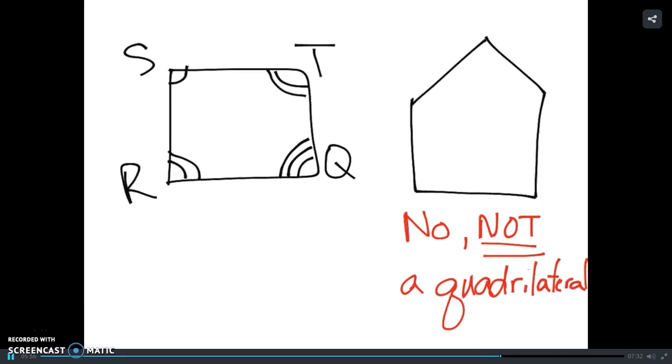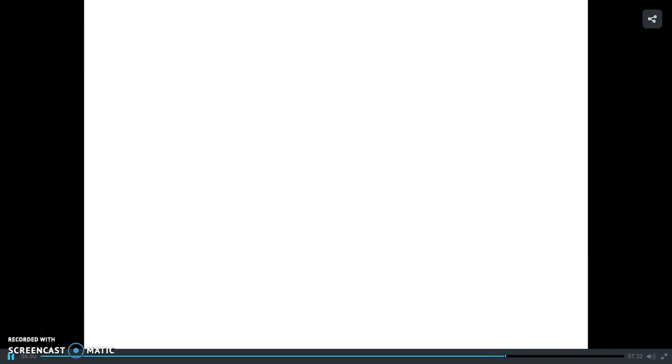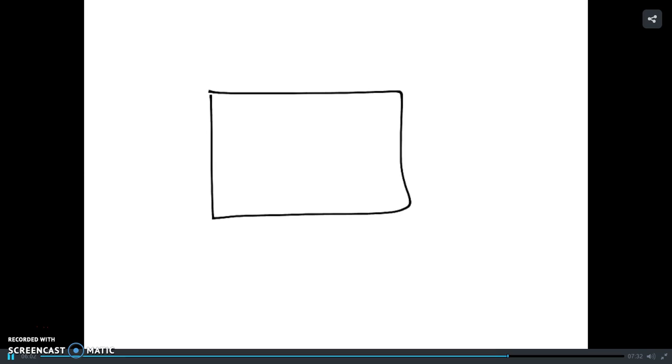Other things you might be asked for: they might draw you a shape, and they might give you algebraic expressions for two angles here or something. And they might say, find x so that this is a parallelogram.